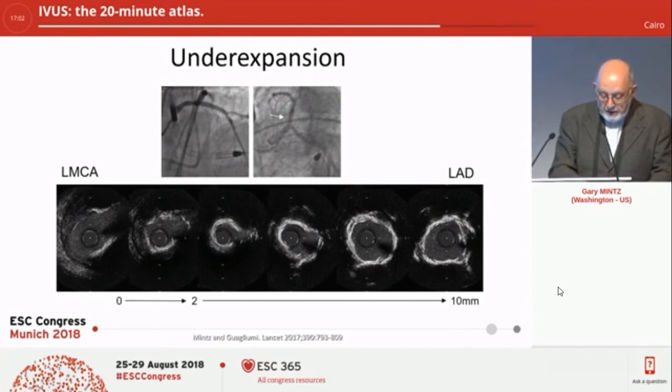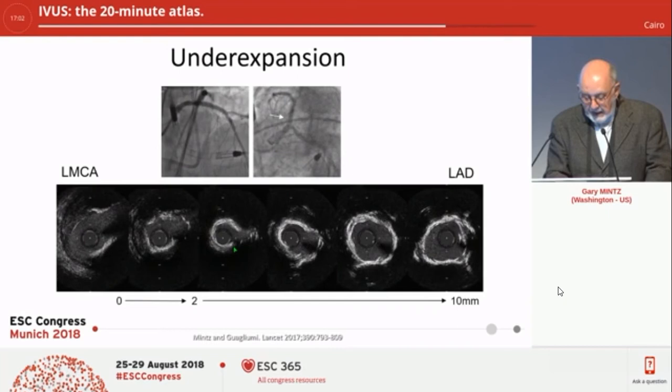Notice that it is hard to distinguish stent metal from calcium, although if you look carefully, you see the two layers, the inner bright layer representing the metal, the outer layer representing calcium, and you can see calcium here resulting in distortion of the stent.